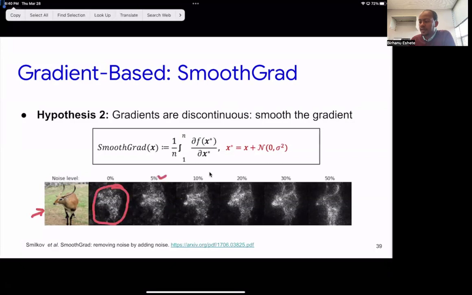So with 5% noise, you would get this, 10%, and so on. And when you get to 50%, the more noise you add, the more fine-grained the attribution becomes, and you would also see the horn of the animal and other features like the eyes and so on. So as you go to the right, which means adding more noise, you get more visibility into the important aspects or the attributions of the image.